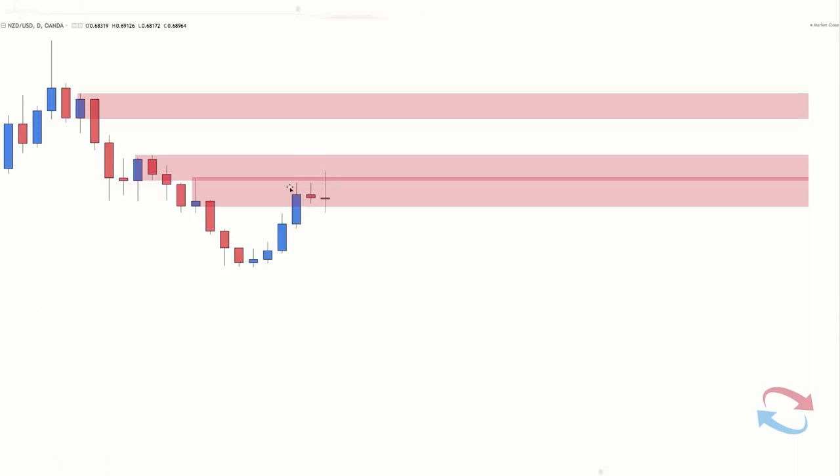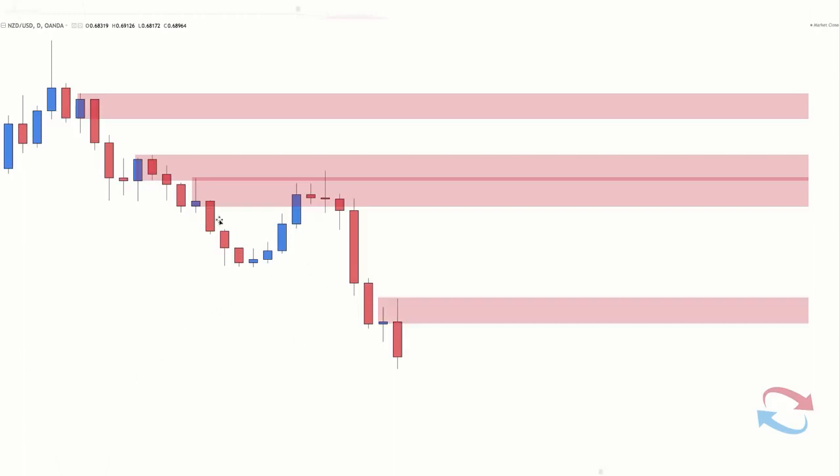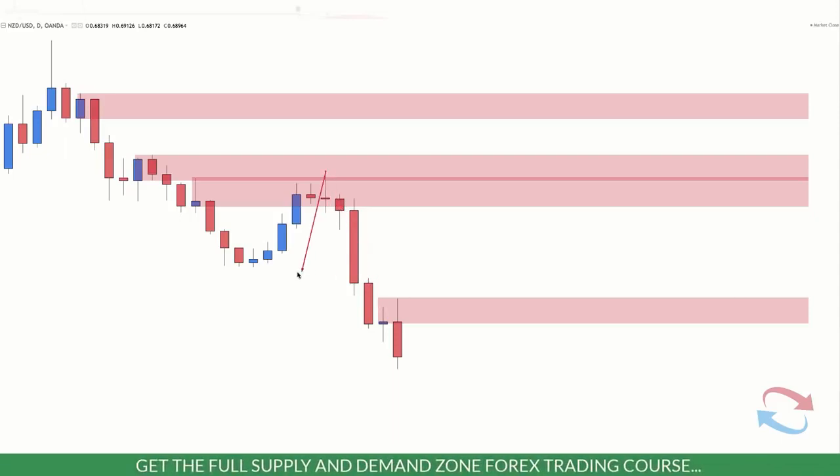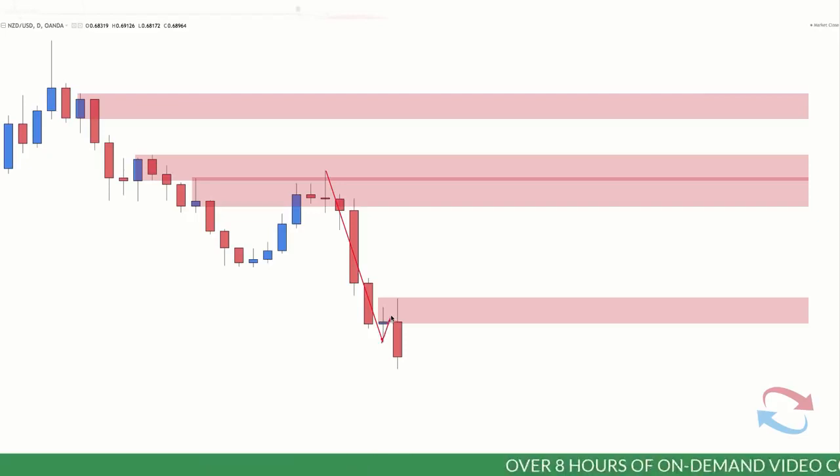Price comes back into these supply zones, we get a reaction, get another reaction, and then we make a new low. And again, we see something like this, where we have a high, price has made a new low, price comes back and then makes the new low there.